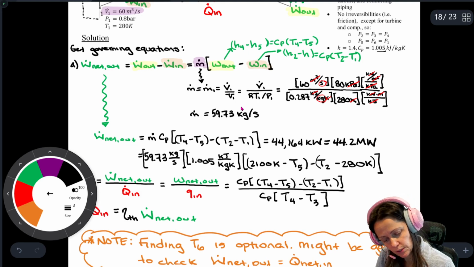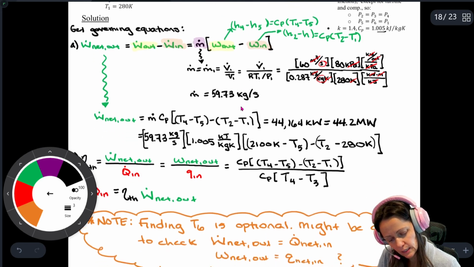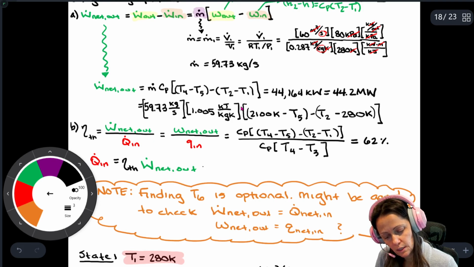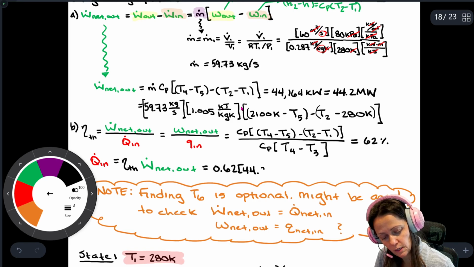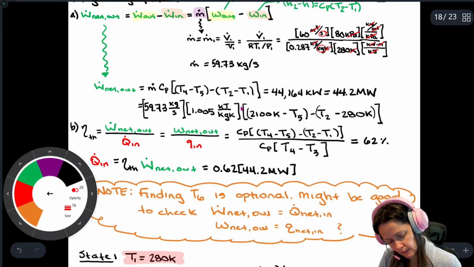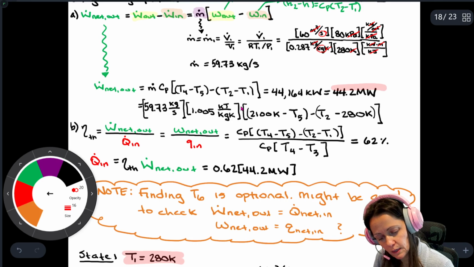And then your thermal efficiency ends up being 62%. Of course, this would be whatever 0.62 times 44.2 is. I will highlight those answers.